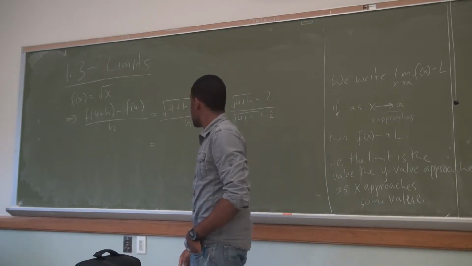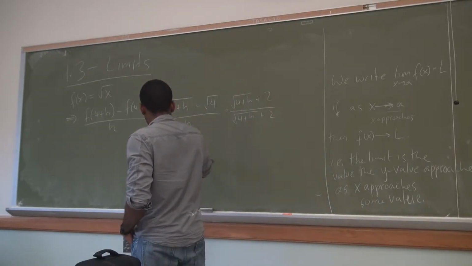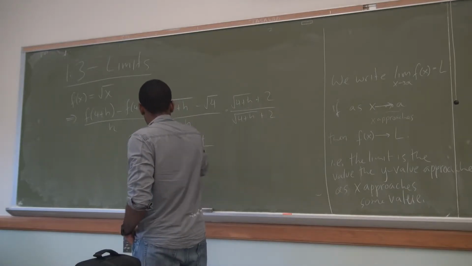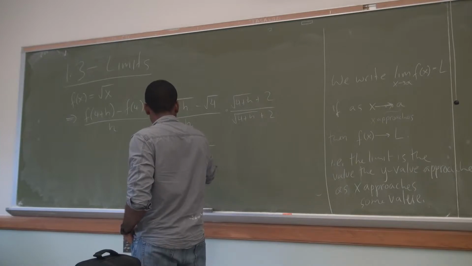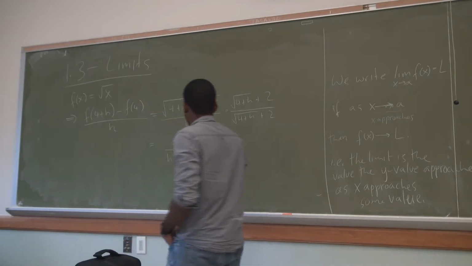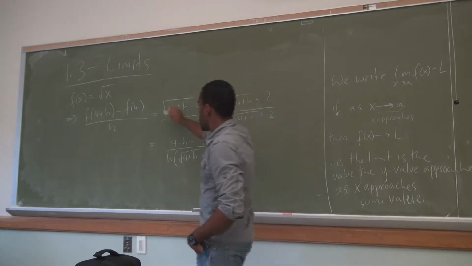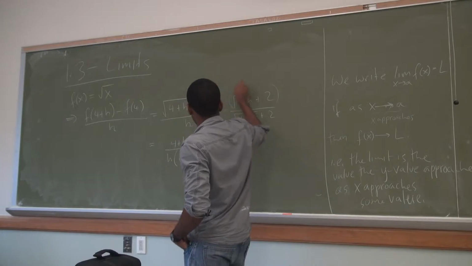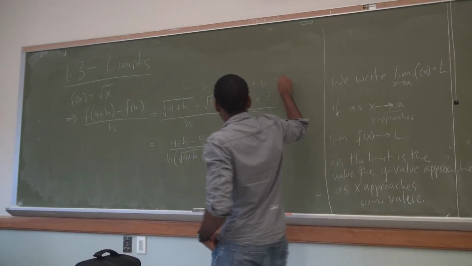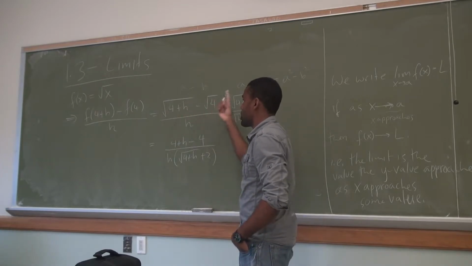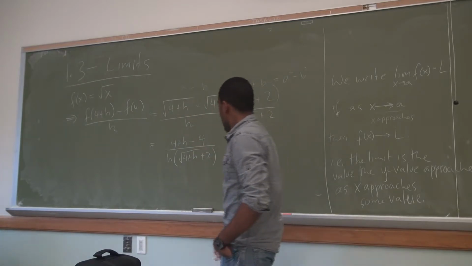You get 4 plus h minus 4, over h times radical 4 plus h plus 2. Because this is the difference of two squares. Hopefully you noticed that. This looks like a minus b times a plus b is equal to a squared minus b squared. So you square this term, you square that term, and write them down.